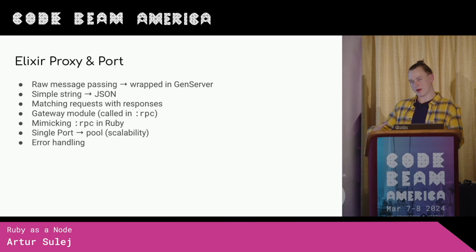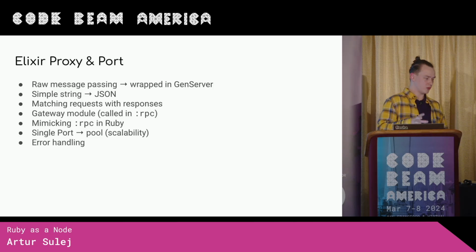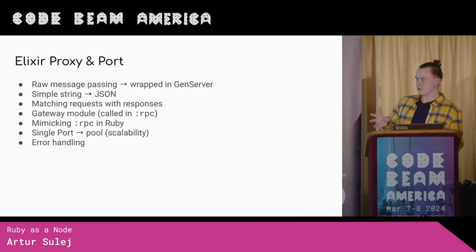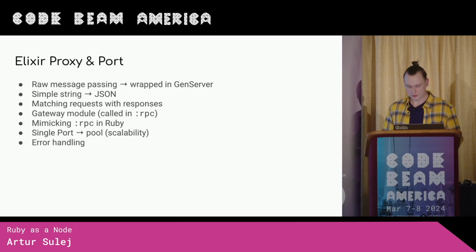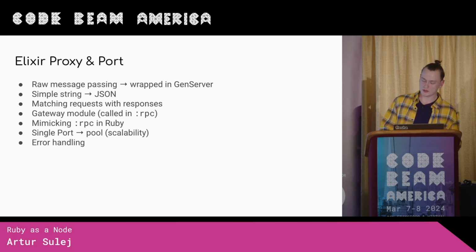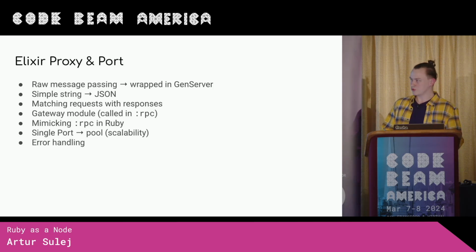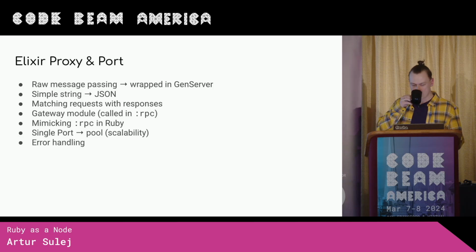RPC call expects that on the other node there will be a given module and function implemented, and it will be just called, and it will get the result. So we need that module in our Elixir proxy node, but it won't contain any business logic. It will just delegate the work to the port.